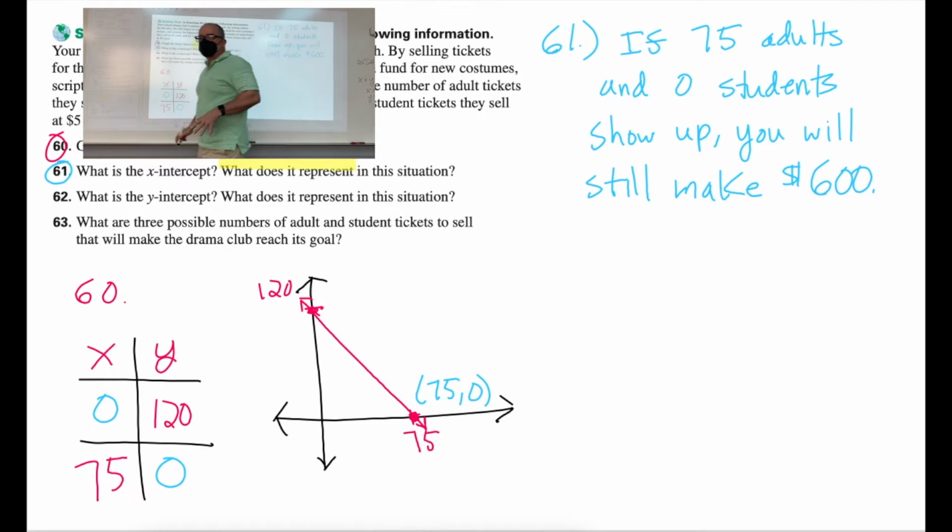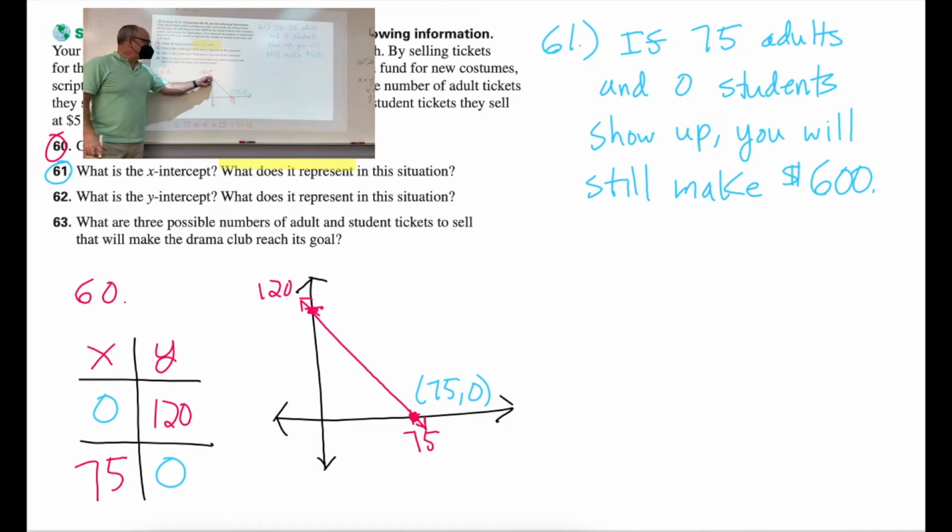Okay, does that make sense? Any point on this line will work for making $600. One way to do that is to have 75 adults show up and no kids. For a school, to have no students show up, that'd be pretty bad. Kind of weird if 75 adults showed up and no kid wanted to see this play. That would be a little bit weird.